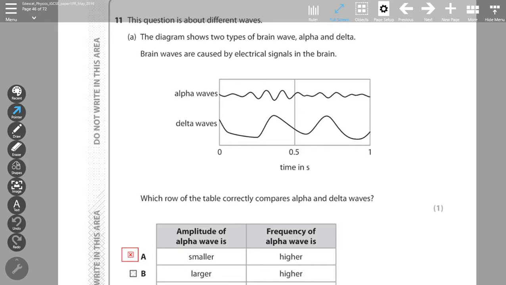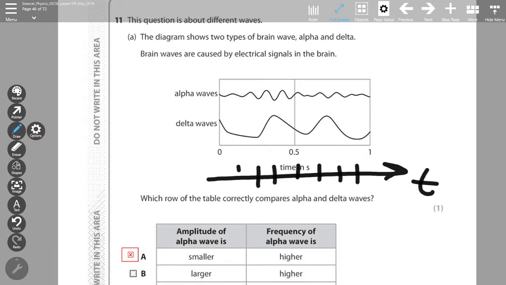So this is the time scale. If you have more oscillations per second, then it will be more frequent. So more frequent is here. More frequency.